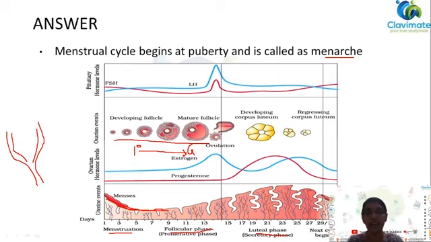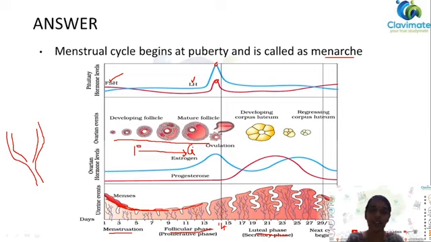Here you have a slight build-up of the endometrium. At exactly the 14th day, the middle of the menstrual cycle, you have an increase in two hormones, follicle stimulating hormone and luteinizing hormone. You see a peak over here, indicated by the rise in level.